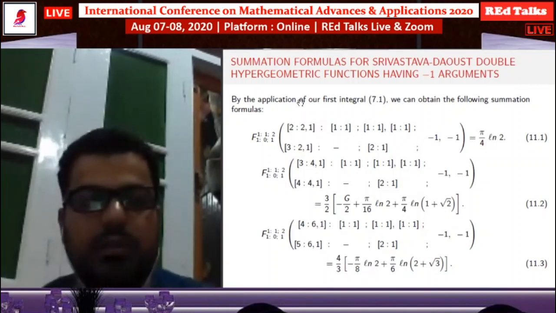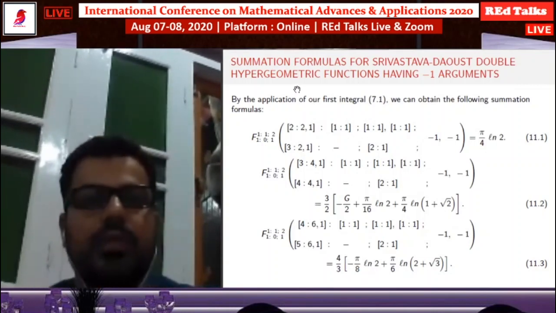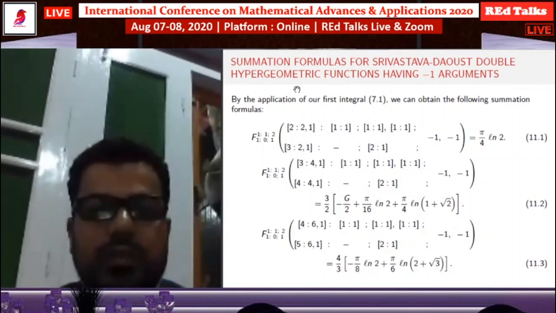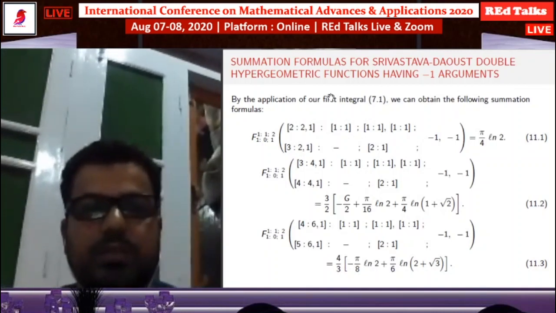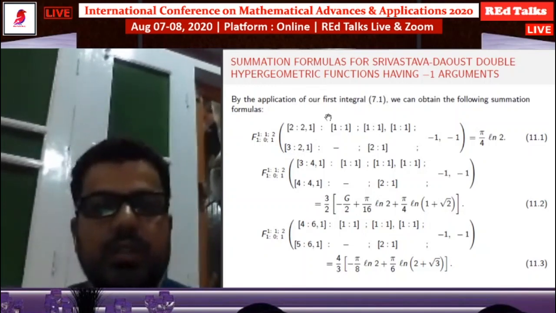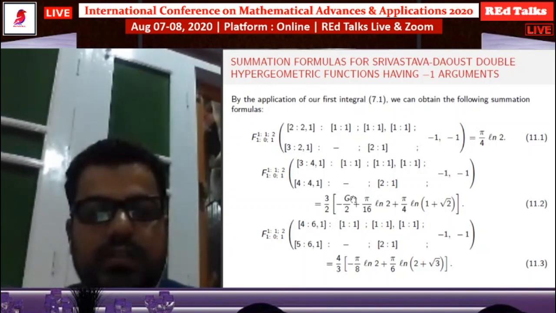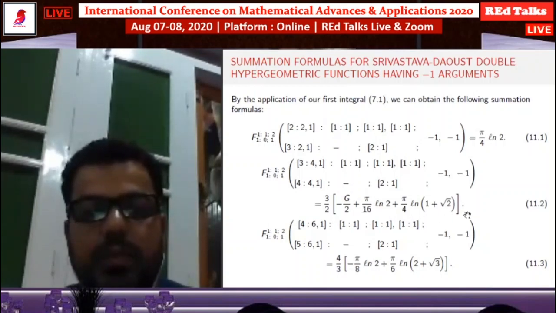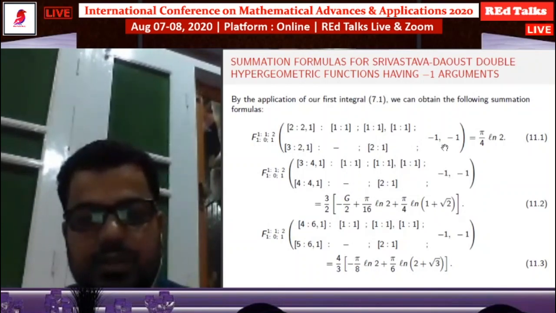And now our main work is here. To get various summation formulas by using the above result and hypergeometric function, we get various summation formulas in terms of Catalan constant G and logarithmic function of some rational and irrational numbers.